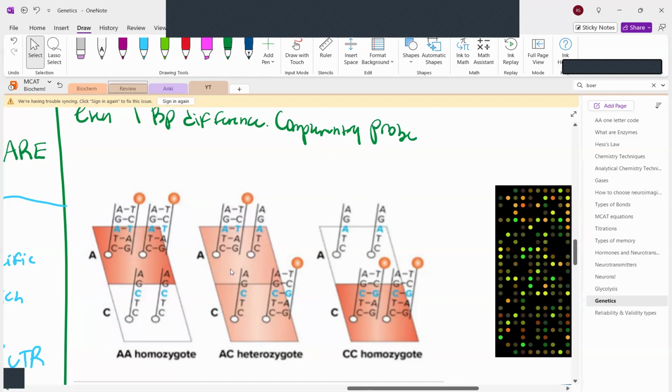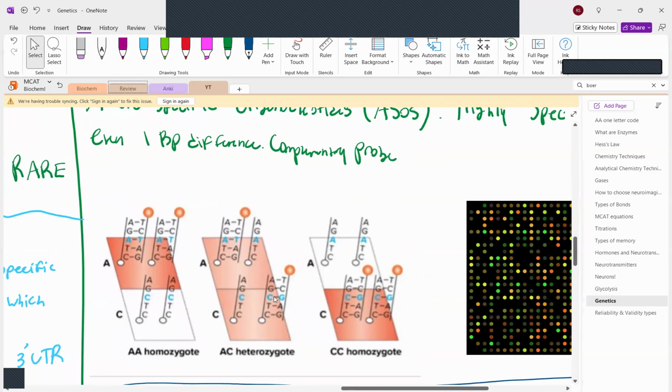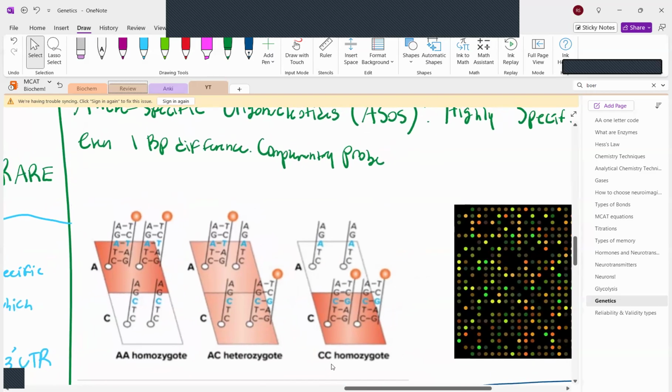Then where the AC is, they're both at the same time, kind of medium, 50-50, so you have both alleles. And then the CC homozygote, where you only have the one allele.